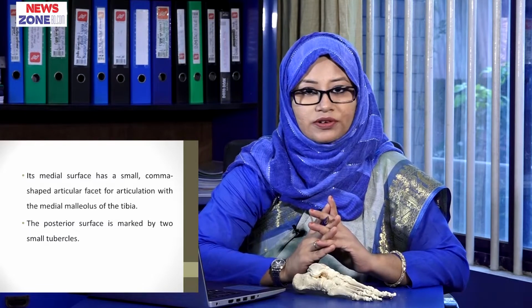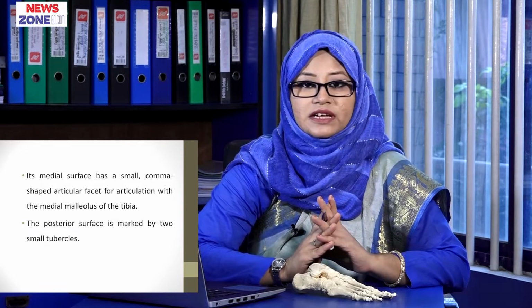Its medial surface has a small comma-shaped articular facet for articulation with the medial malleolus of the tibia, and the posterior surface is marked by two small tubercles.